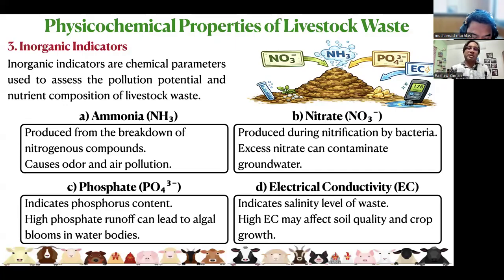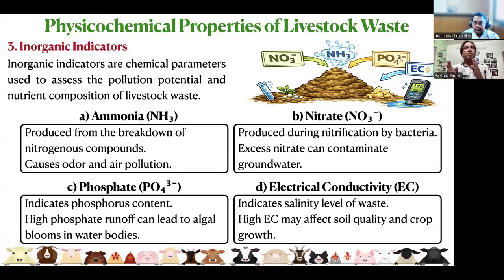And electrical conductivity, EC. Electrical conductivity indicates the salinity level of the waste. High electrical conductivity may affect soil quality and crop growth. If the waste has a larger electrical conductivity, it means the salinity level of that waste is higher.